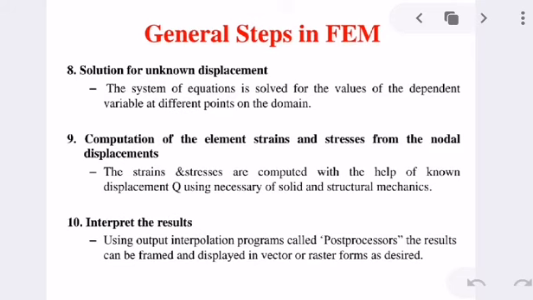And after applying boundary conditions, we will get the solution for the unknown displacement, and after getting the unknown displacement, we will compute the strain and stress related variables, and at last we will interpret the result.